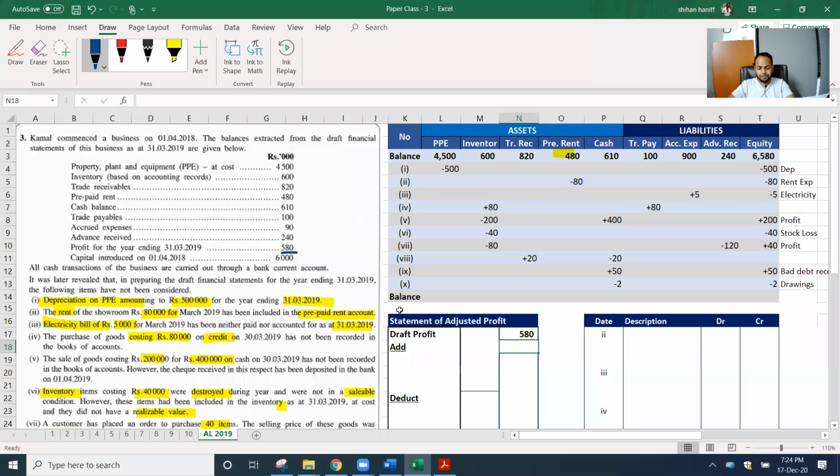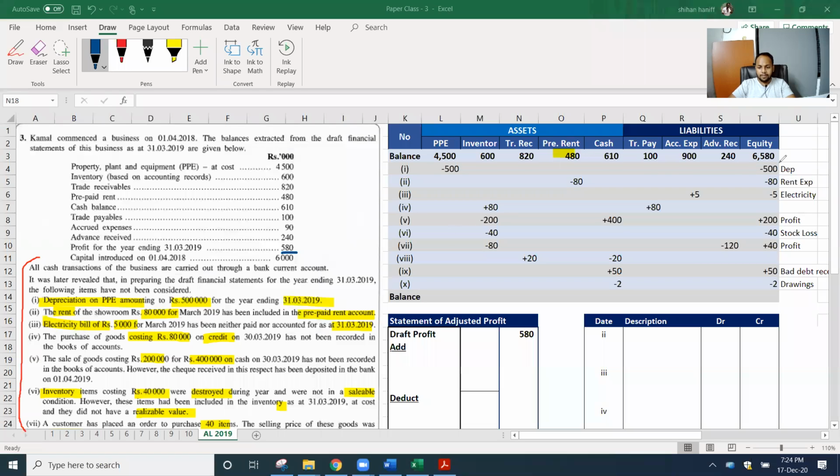Out of this, before adjusting all these transactions.